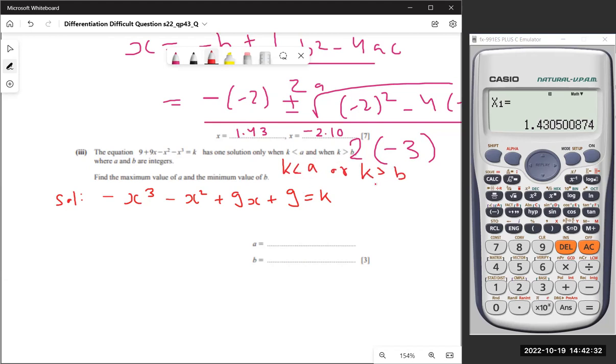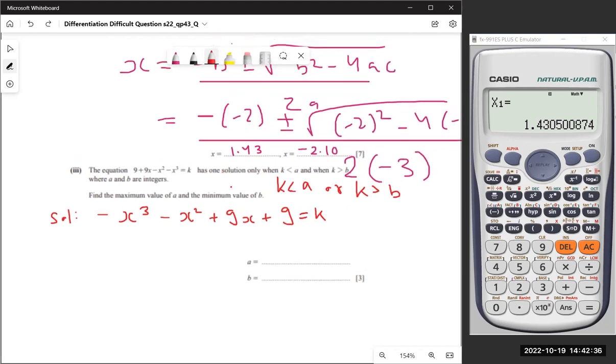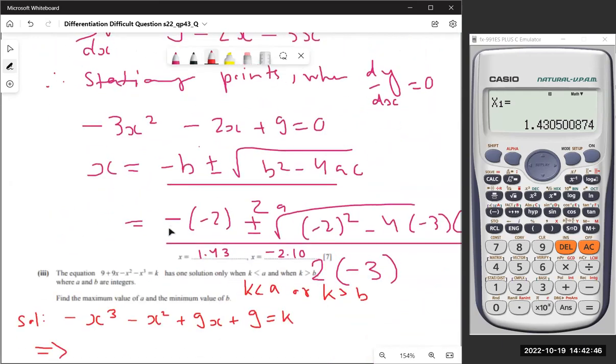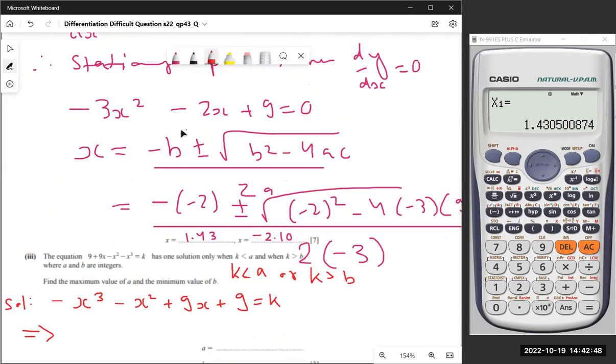Fine. That must be our answer. Now what we realize is, okay, can I do this, Manvi? All I have to do is, it's the same equation from the beginning, yes? 9 plus 9x, yes, same equation.